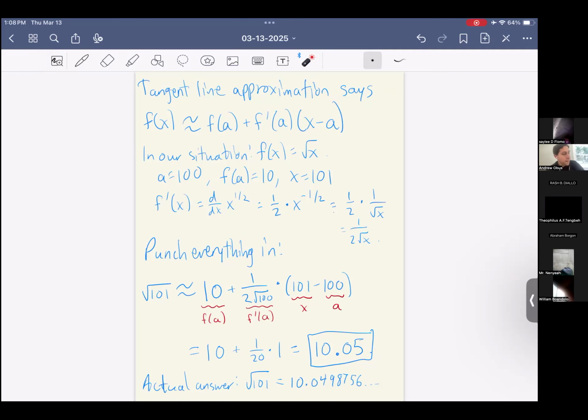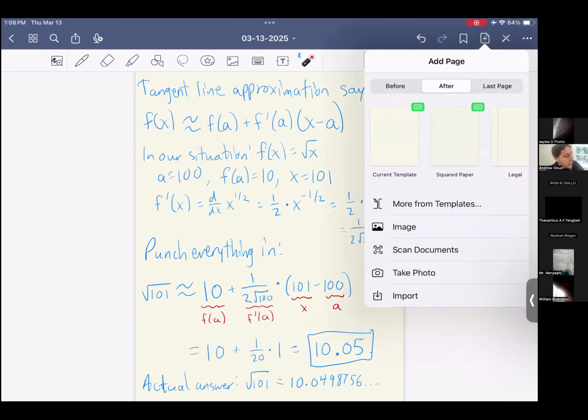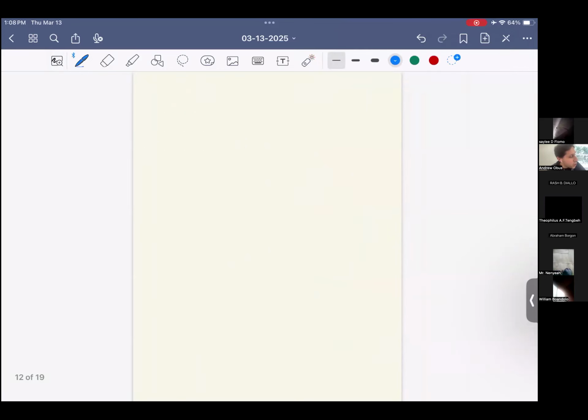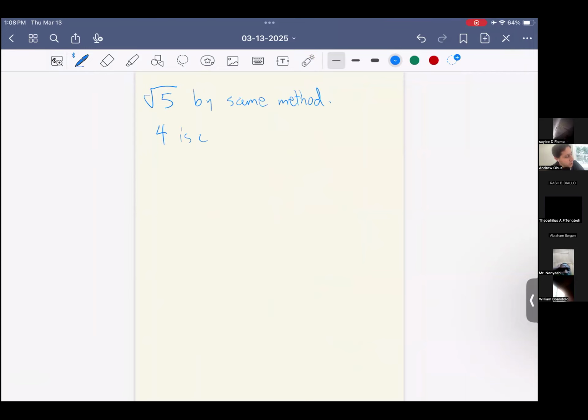Yeah, so let me write this down just so everybody can follow. Rash is doing another example, square root of 5, by the same method. In this case, 4 is the closest perfect square value we know.